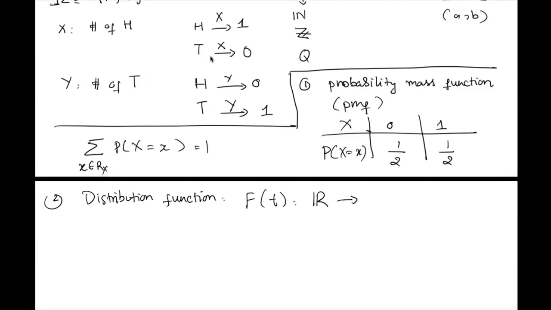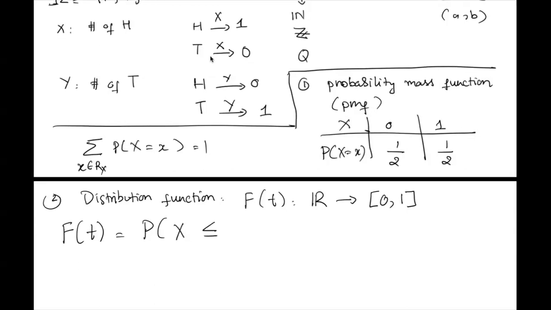You will have to specify the distribution function for all real numbers, and it maps to some number between 0 and 1 because we are dealing with probability. So what does F of t mean? It means the probability that a random variable x is less than or equal to the value t.